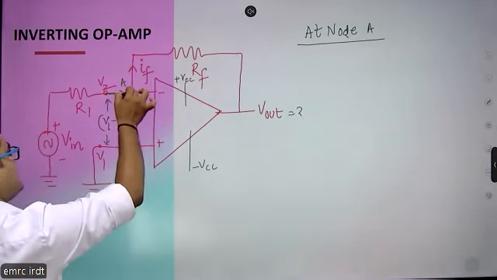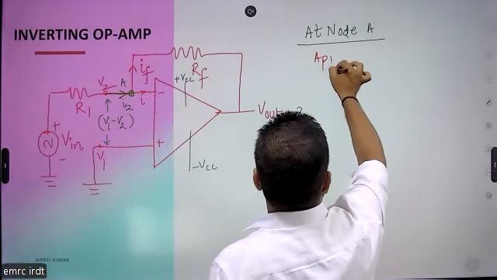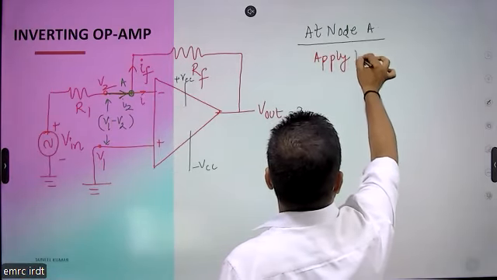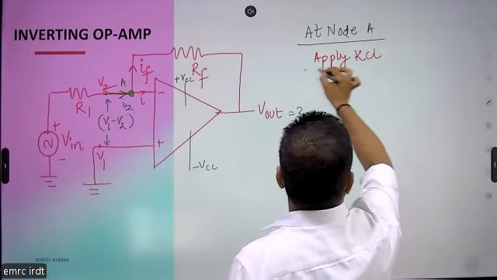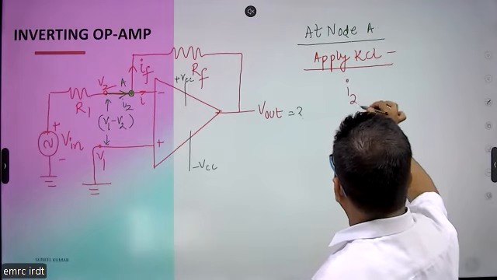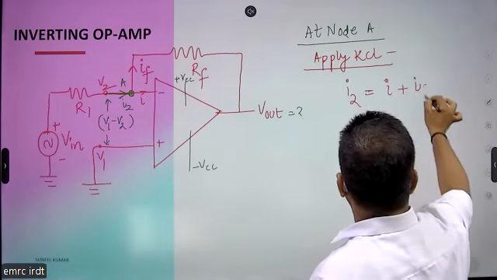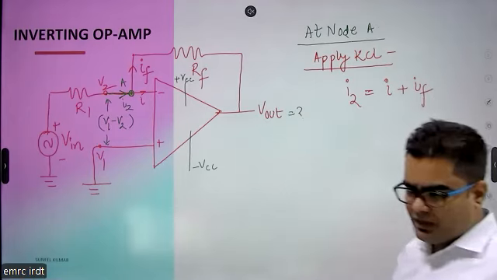At this junction, we can apply Kirchhoff's current law. We can write I2 is equal to small I plus IF.